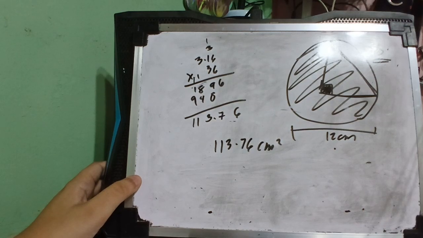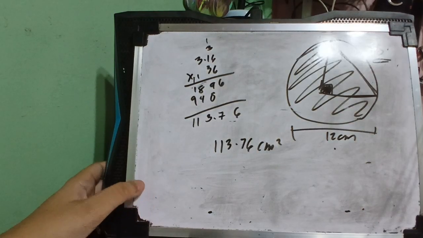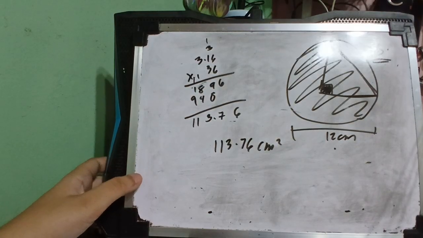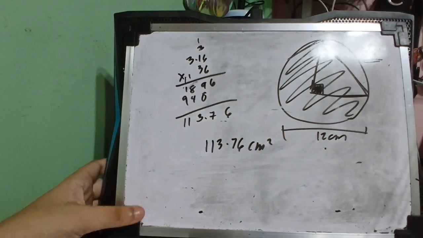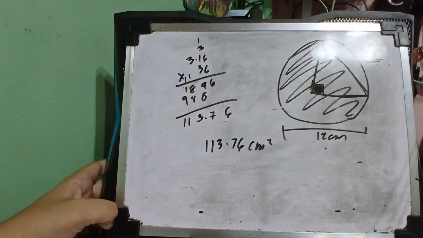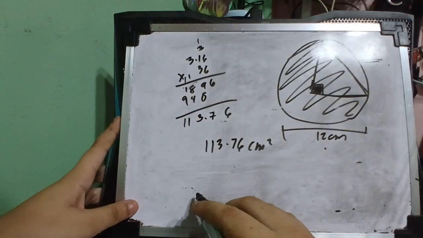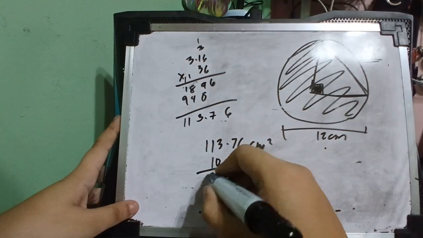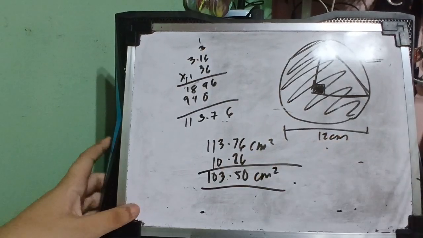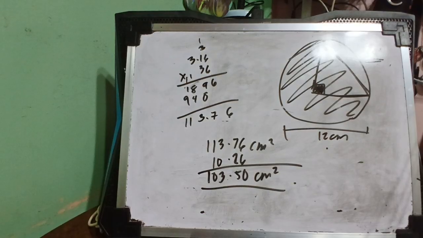So it is 18 minus 28.26, so the segment is 10.26 cm squared. So the circle area minus 10.26 gives about 103.50 cm squared. The answer here is 102.78, but I'm guessing, when we solved that, we used the calculator.